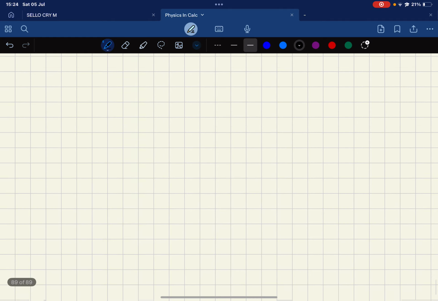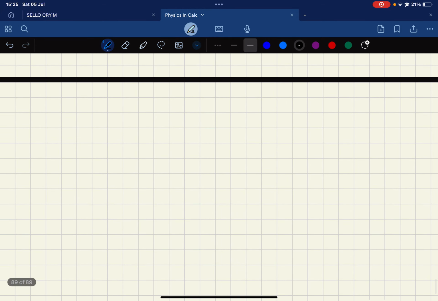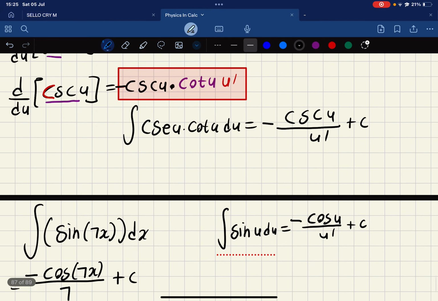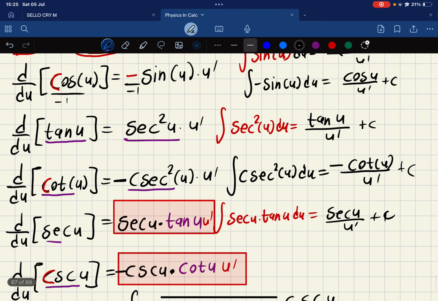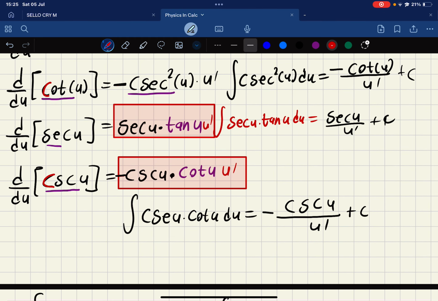So now let's try and check some questions. I hope now you are used to the procedure, and there is this question you are asking yourself. So guys, if you can check here, we said that the integral of this thing is this thing.